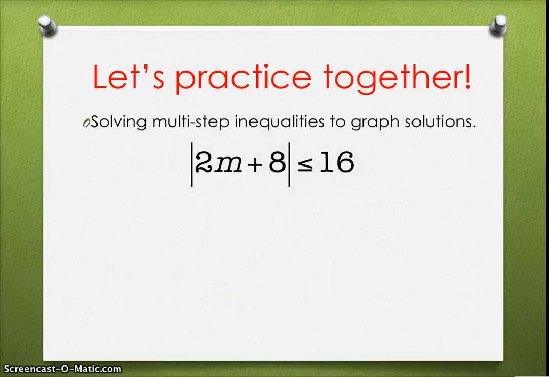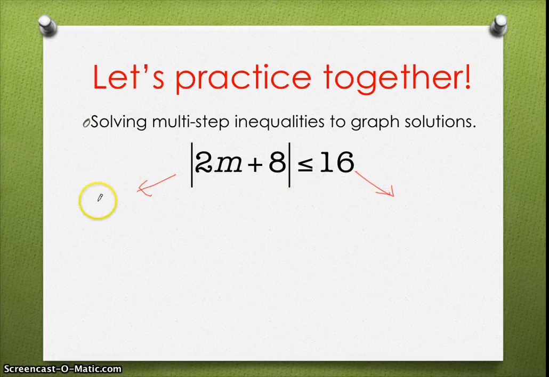The next part of our practice is to look at the absolute value of 2m plus 8 is less than or equal to 16. So the first step is to ask, are there parts on the outside of the absolute value bars? The answer is no. So then we can just go ahead and break it down into those two separate inequality situations.